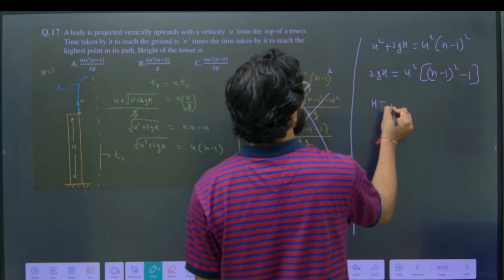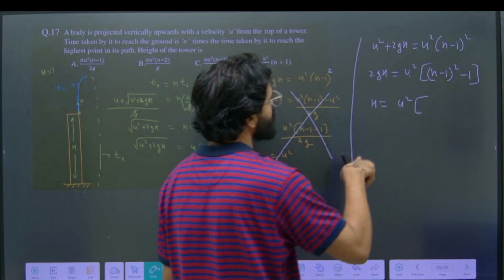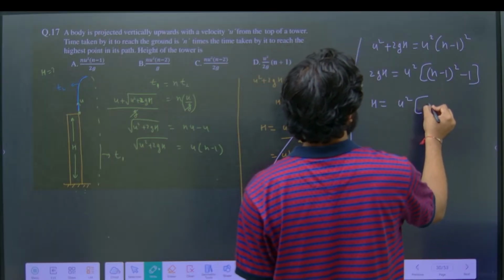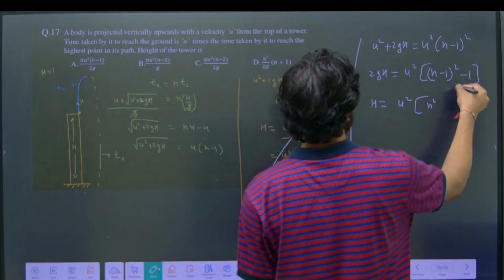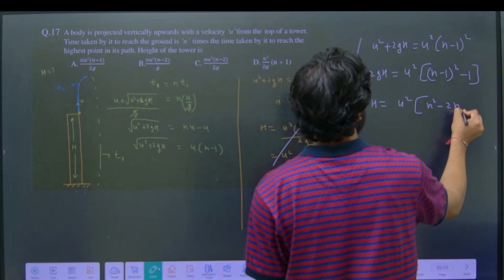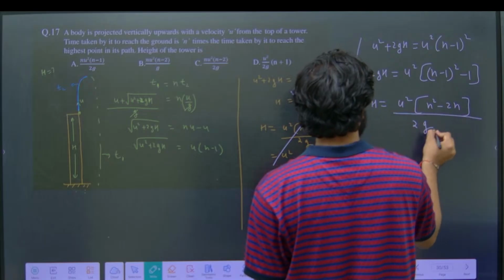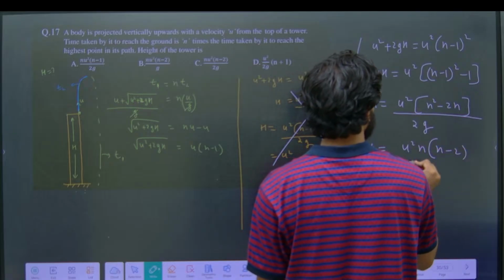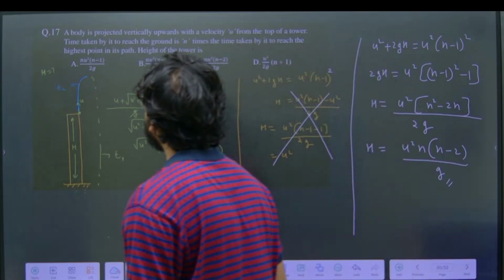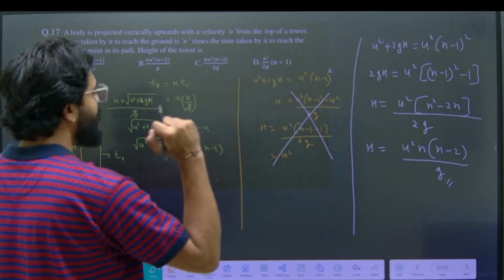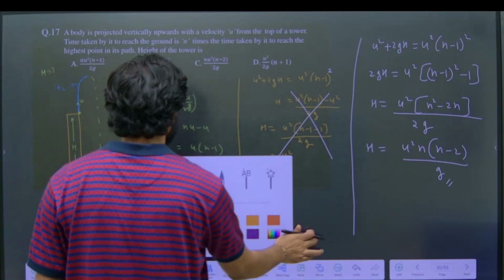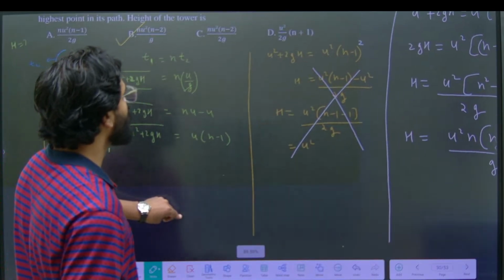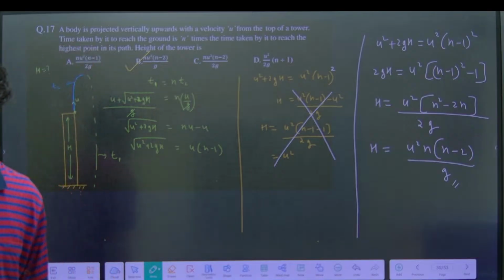Solve it. h will be u square, an a square plus b square form, minus 2n, so it is u square n square minus 2n upon 2g. Which is the answer? Correct? So that is the answer for question number 17.